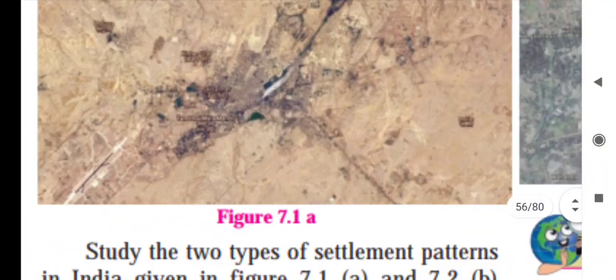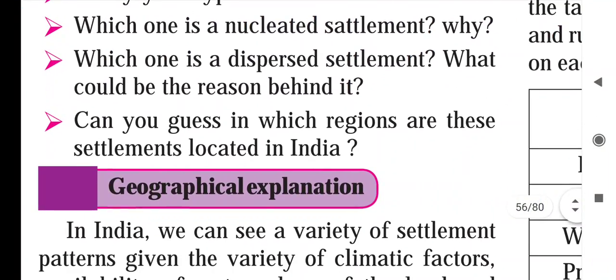Now next question: can you guess in which regions these settlements are located in India? Just now I told you dispersed settlement is in Arunachal Pradesh, Gujarat, Himachal Pradesh, Haryana, not Himachal Pradesh, and Jammu Kashmir. So these regions. And nucleated settlement we can find in the plateau region, the plateau area.